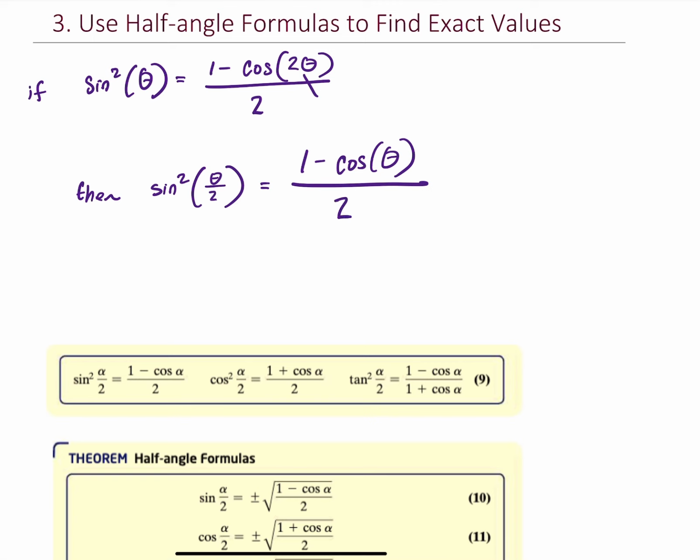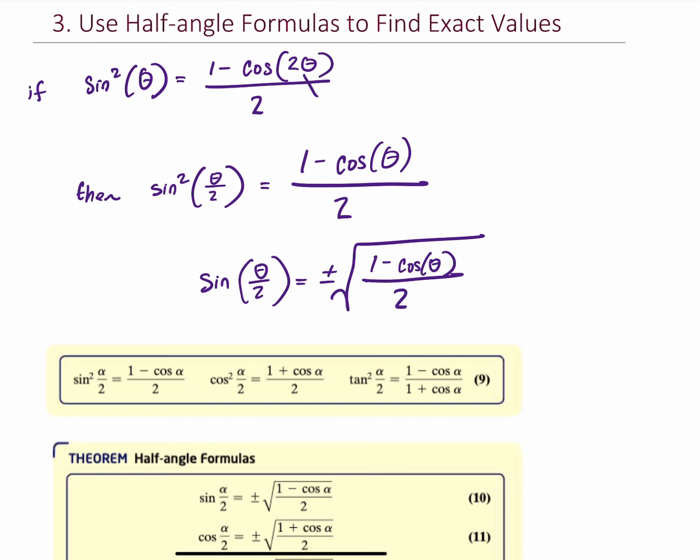So that's what I meant by re-expressing these angles, and we still have that situation where this angle is half of this angle. And then we can ultimately take the square root of both sides. So I could say the sine of theta over 2 equals plus or minus the square root of the right-hand side, 1 minus cosine theta over 2. So this is what we're calling a half angle formula.